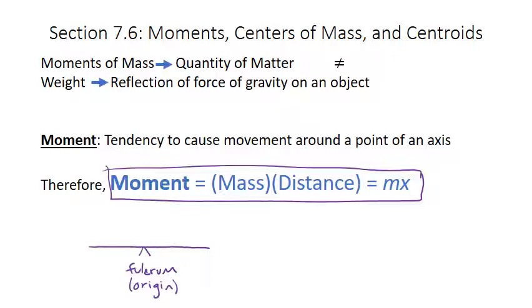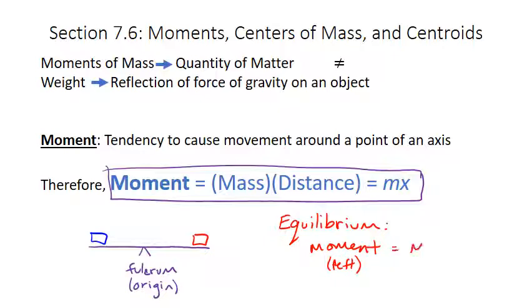And essentially what will happen is there will be some sort of weight here and then another weight here, and we want to figure out when we are in equilibrium. And equilibrium is when the moment on the left is equal to the moment on the right.